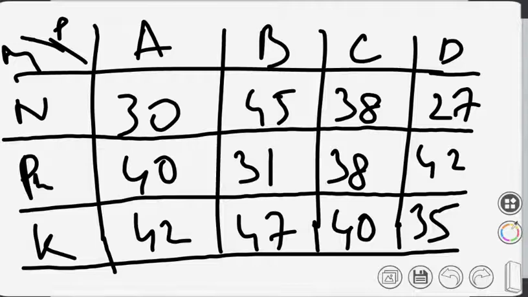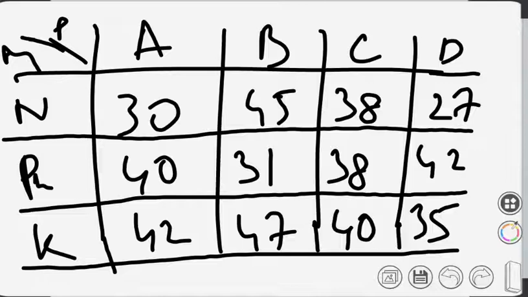Mind that in one-way ANOVA we tested only one thing, whether there is difference due to the brands, either by row or by column. Here in case of two-way it will be both by row and by column. So two-way ANOVA will be a little bit different from one-way ANOVA.